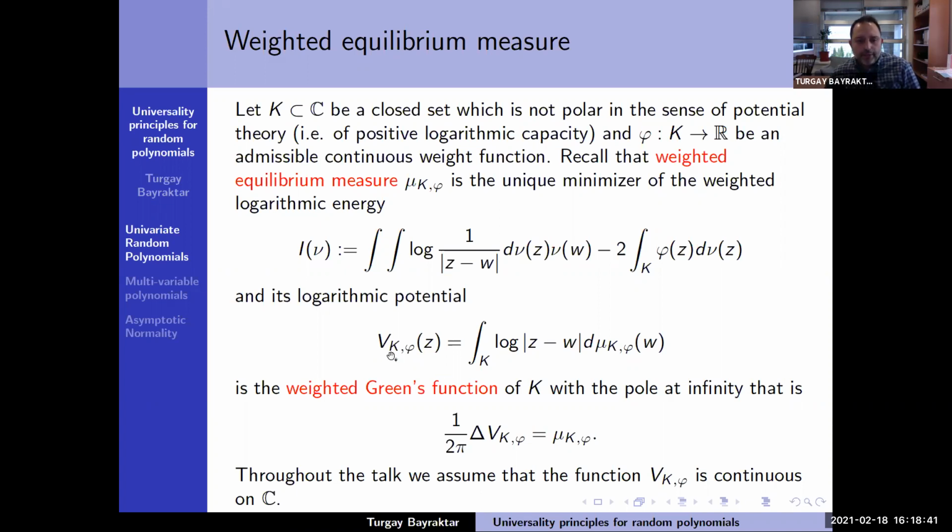And the Green function is a function which is subharmonic on the complex plane, harmonic outside K, and grows like log at infinity. There is one technical assumption here, that K is a regular set in the sense of potential theory, so that this function V_{K,phi} is continuous. In most cases, for nice K like an interval, a circle, etc., that's the case.